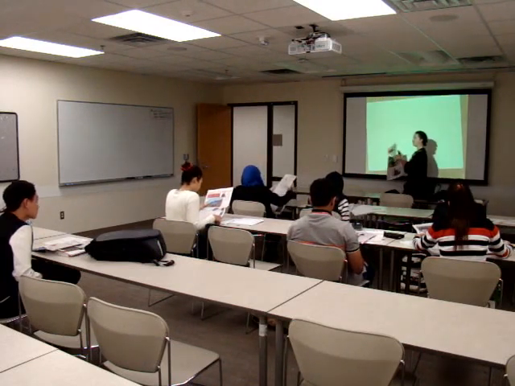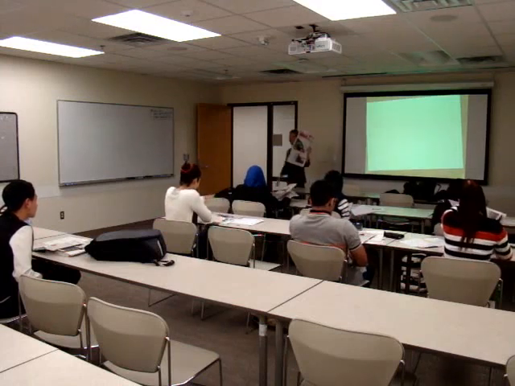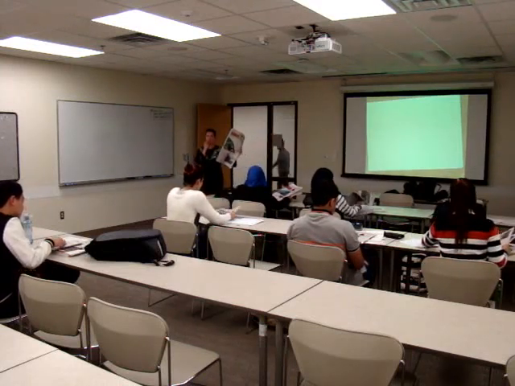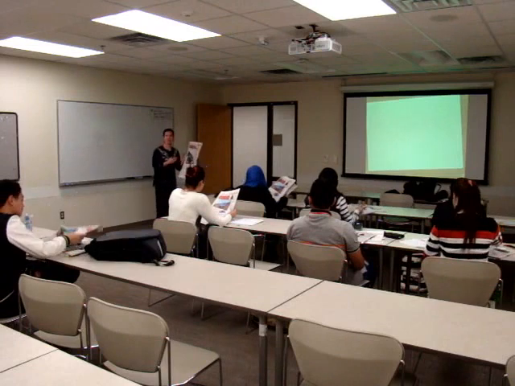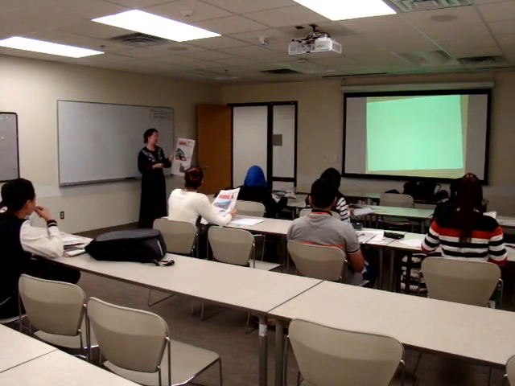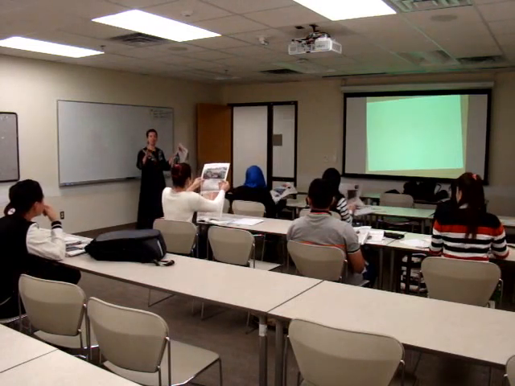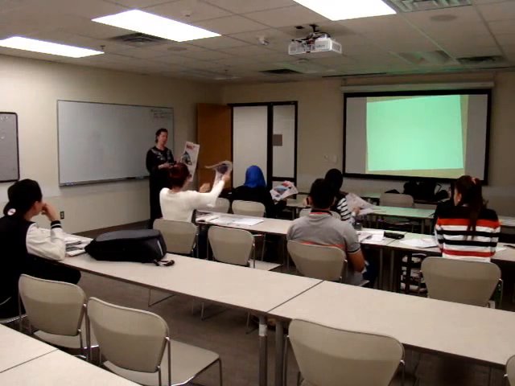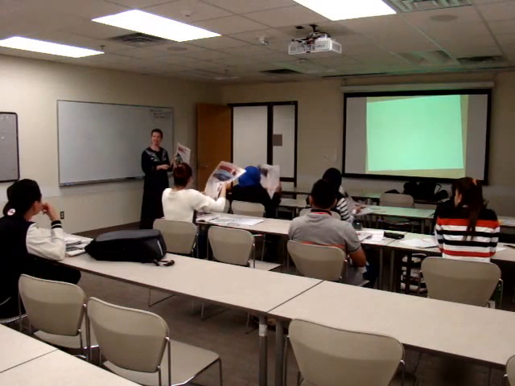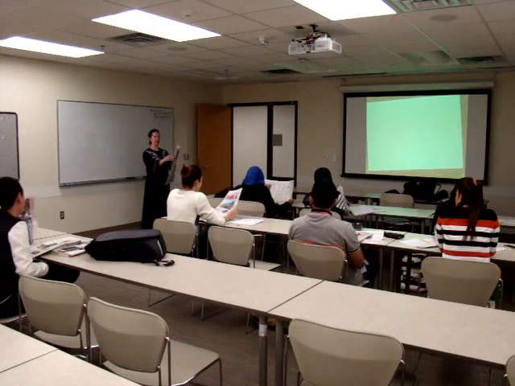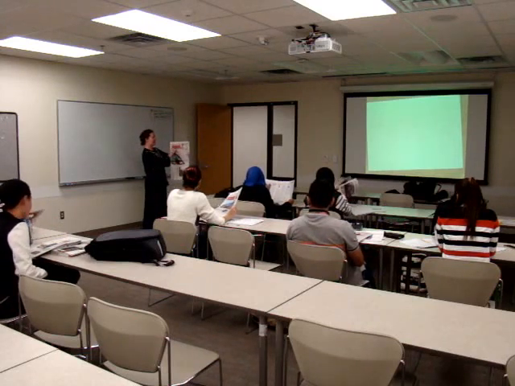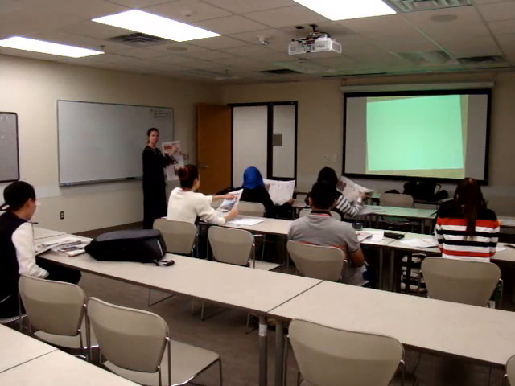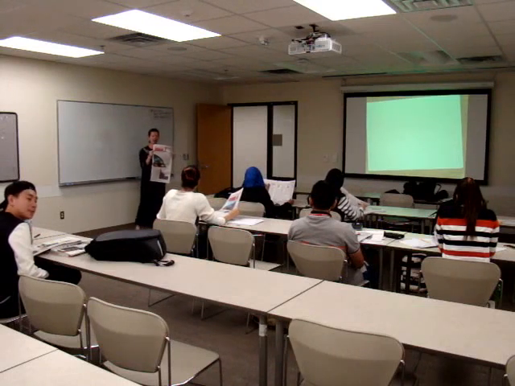Okay, what do you see on the front page? What's on your front page? Okay. Well, yours might be different, that's fine. But what do you see? What's up here at the top? The name of the newspaper. Right, the name of the newspaper.